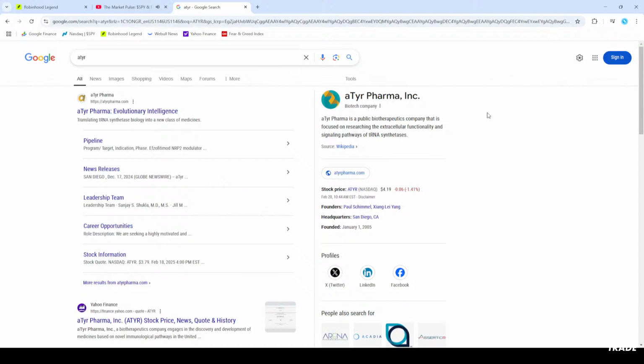Generally, I like to look at the financials, the industry, and all the different things about what makes that stock good. Once I like the company and decide I'm going to invest in it, then I'll take a look at the charts. So the first part of the research is really just figuring out who the company is and what they do. So here we go. Attire Pharma.